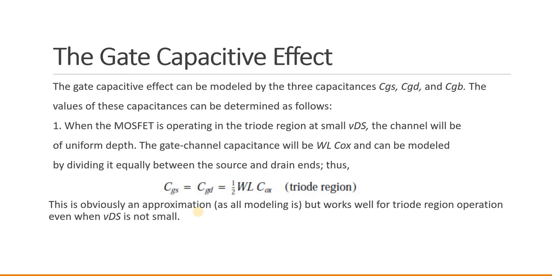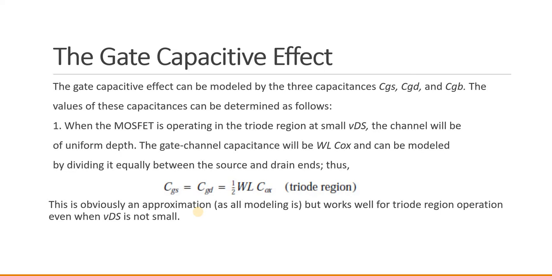So the channel will be uniform in depth. That is, the channel formed below the gate layer, between the source and the drain, will be uniform in depth because we are providing a very small VDS, so the MOSFET enters the triode region.